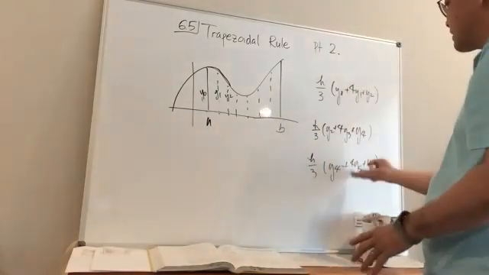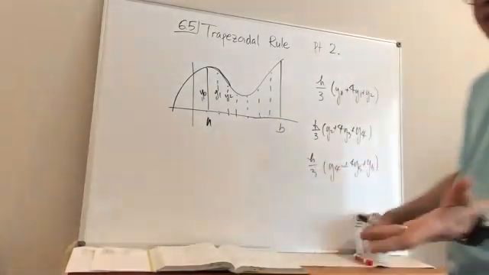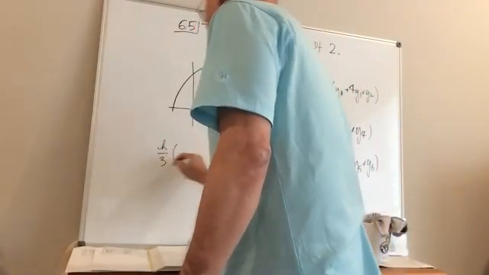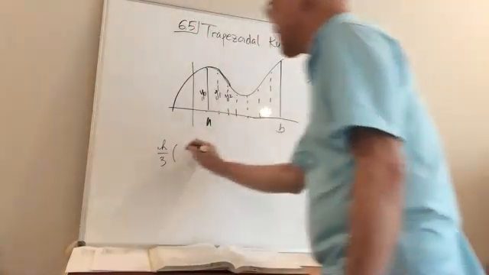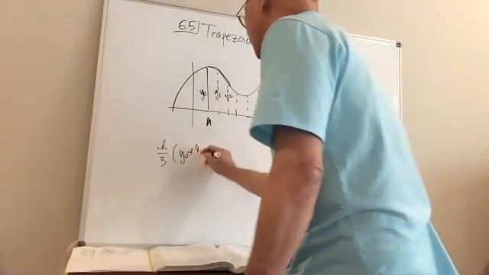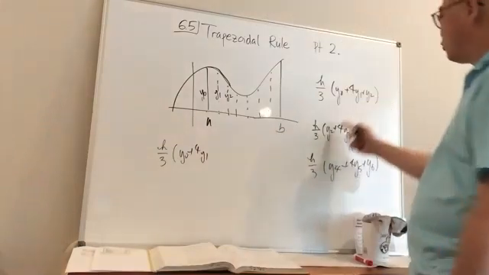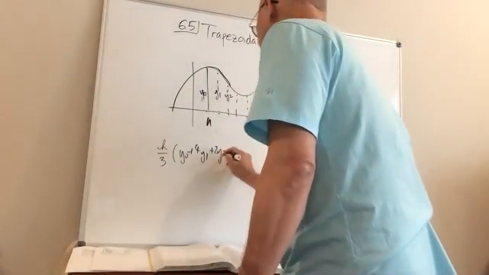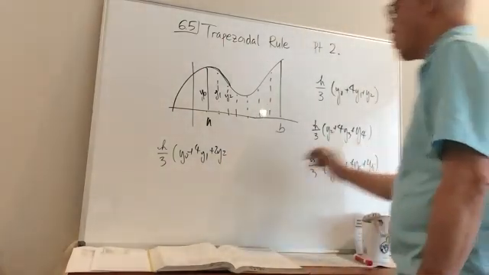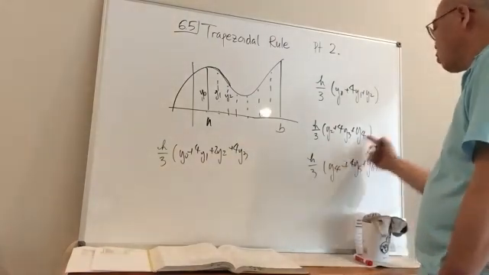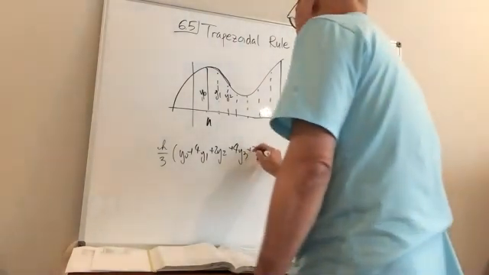If you add these together, what do you get? If you do the same thing that we did last time, we get h over 3 times 1y0 plus 4y1, then 2y2, plus 4y3, then 2y4.